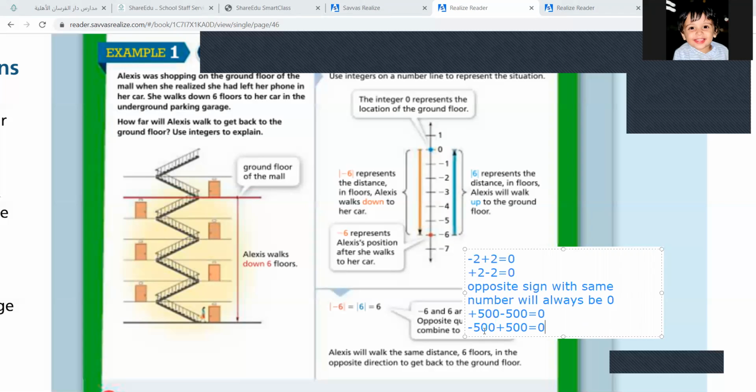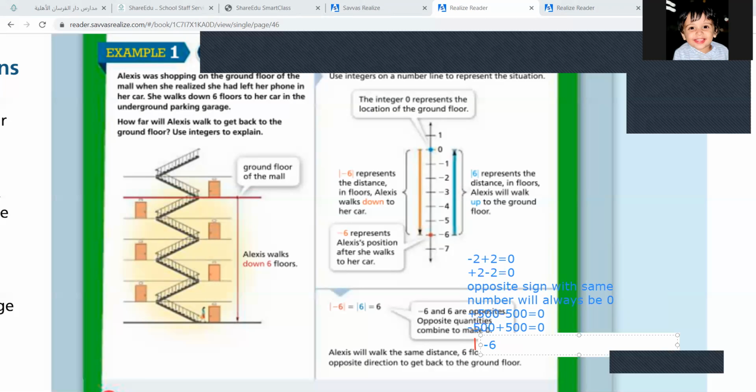That's why they are saying minus 6. Girls, if you put this here, like this bar, and it's written there, minus 6. I think I've drawn the bar.